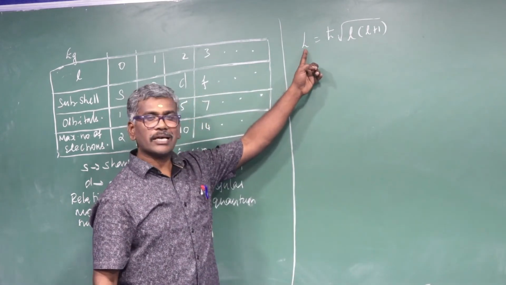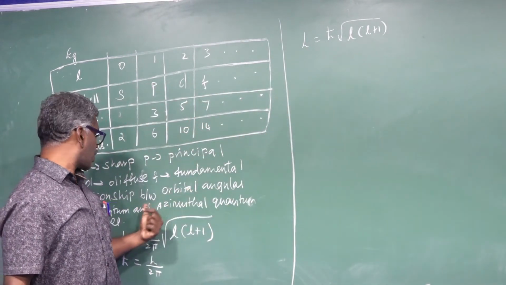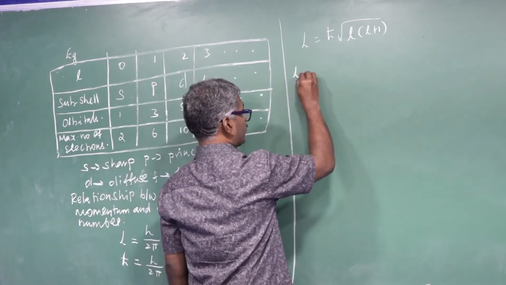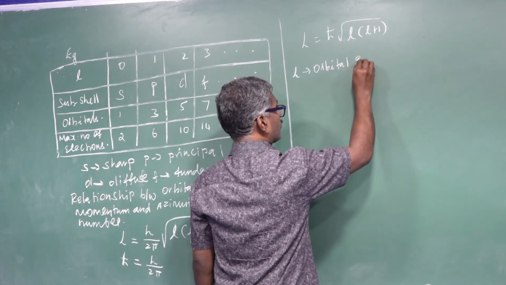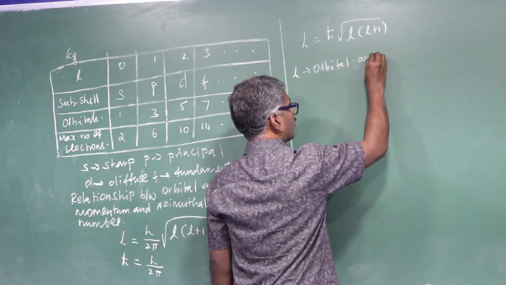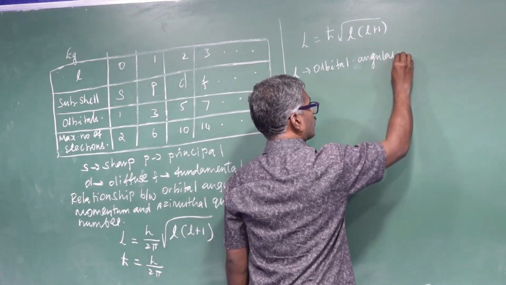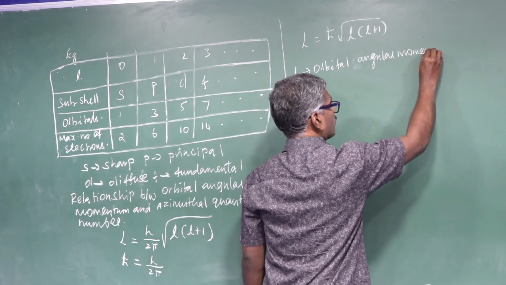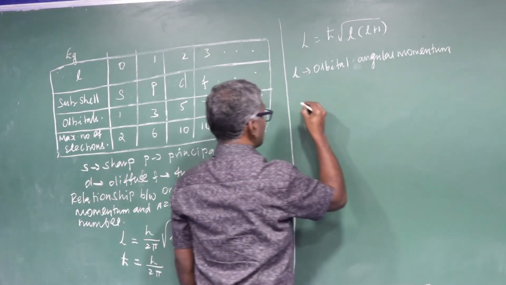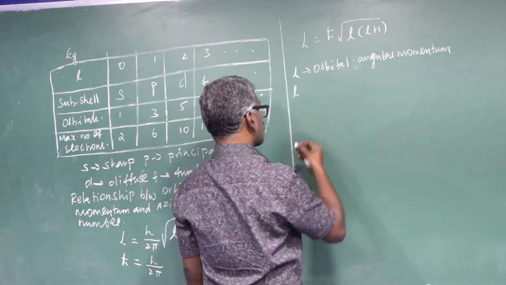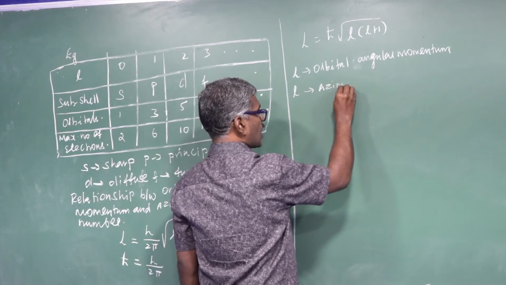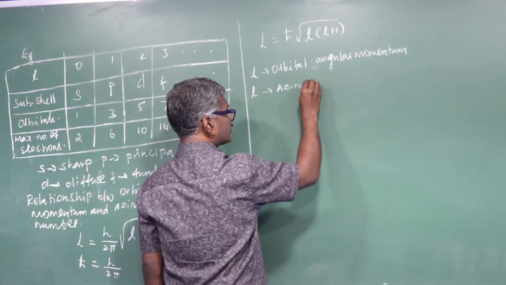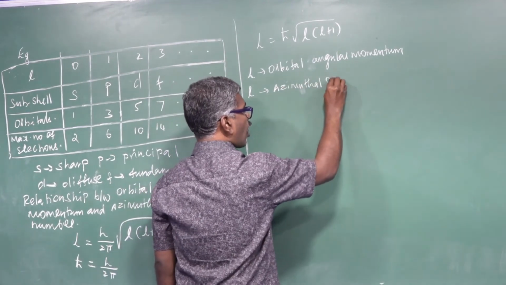Here capital L is nothing but the orbital angular momentum, and small l is nothing but the azimuthal quantum number.